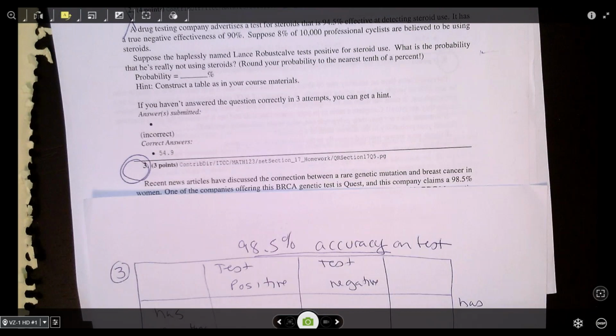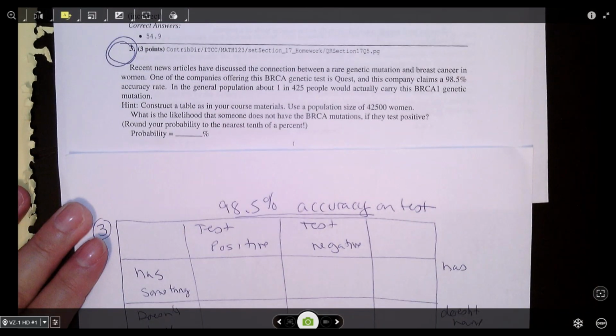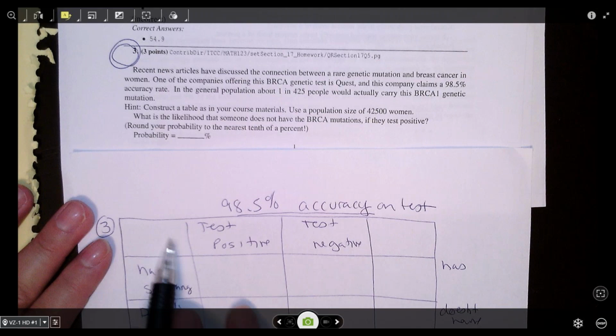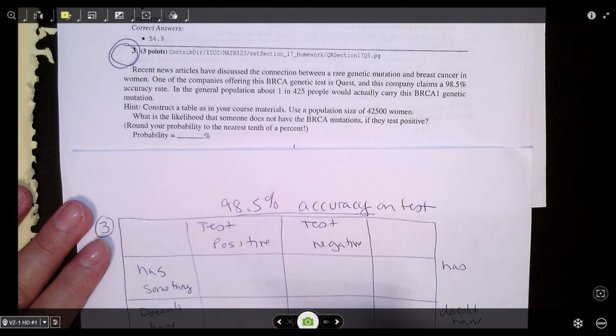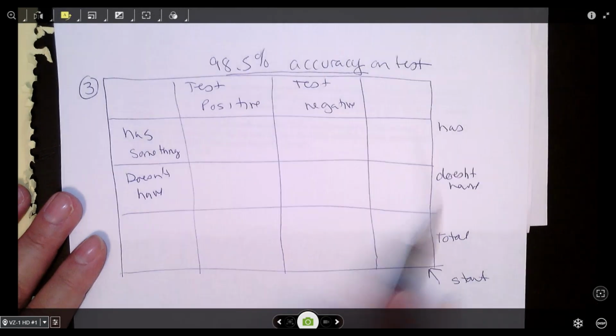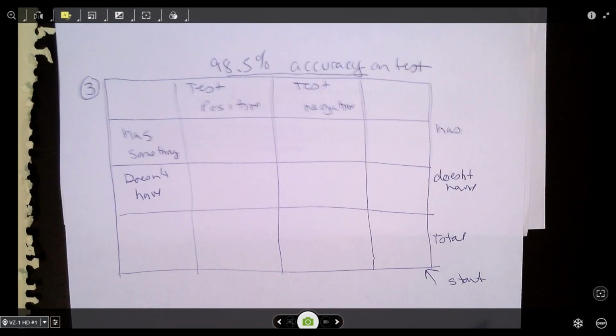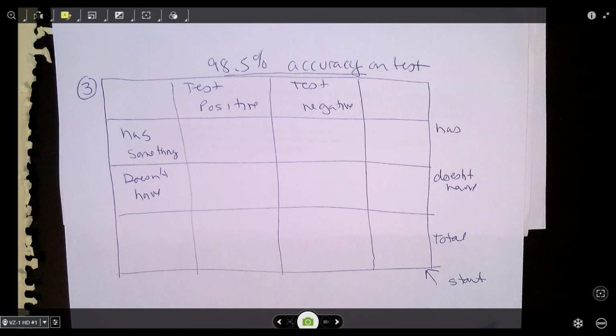Okay. So you need to get in the habit, and if you do these enough and practice, it will get so that you can do them. You need to make 4 columns and 4 rows. Okay? 4 by 4. For each one of these false positives, false negatives, when you see that in section 17 or you see it on the test.